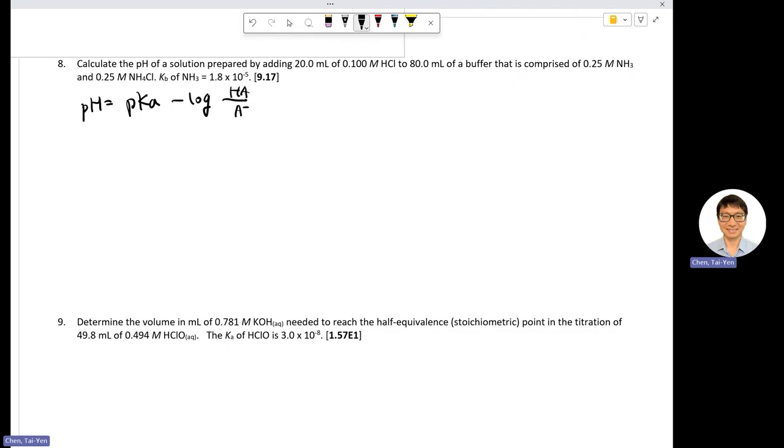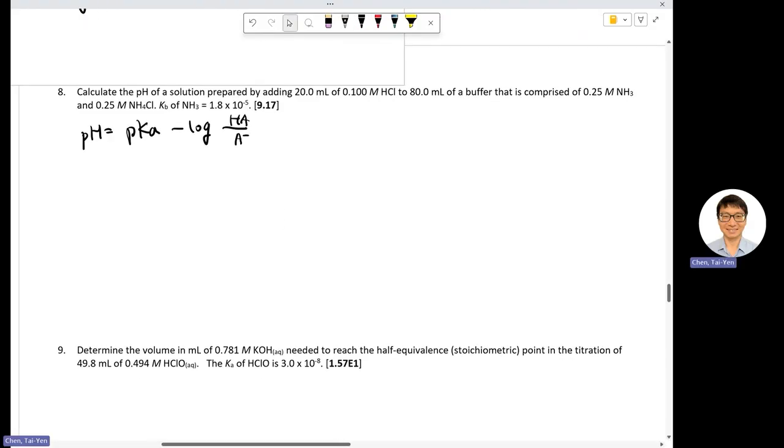What I mean is that the amount of base inside your buffer must be way more than the strong acid you add in. If you add more strong acid than the conjugate base inside your buffer, all you have will be a strong acid solution, and the acid concentration would have to be recalculated. So the first question is, what's the mole of your strong acid and what's the mole of your conjugate base, right? So we can do a very simple calculation.